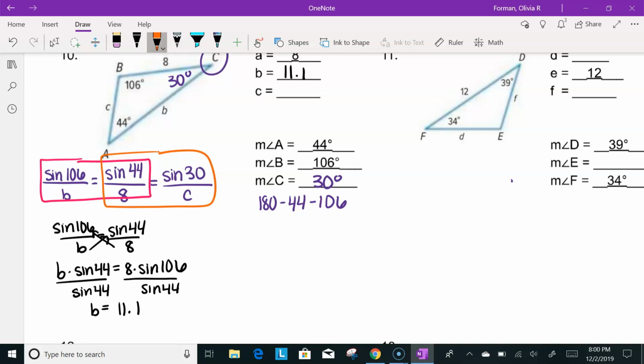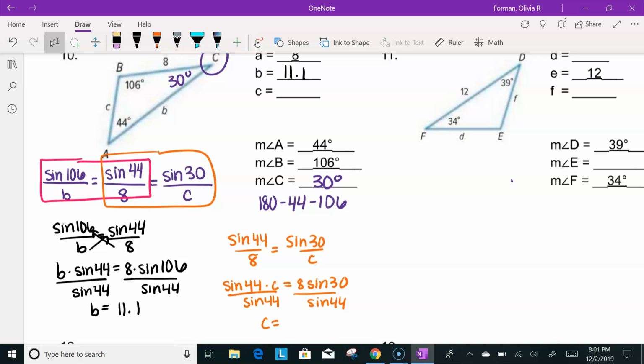Now I'm going to go to the orange one, and I say that sine of 44 divided by 8 equals sine of 30 divided by C. Do my cross multiplication, so sine of 44 times C equals 8 times sine of 30. I divide by sine of 44.